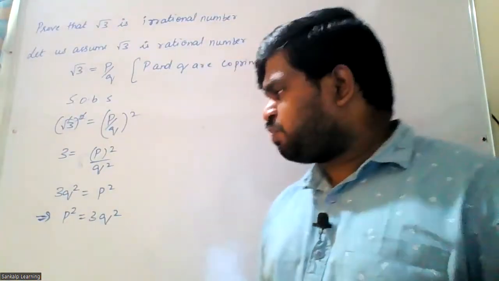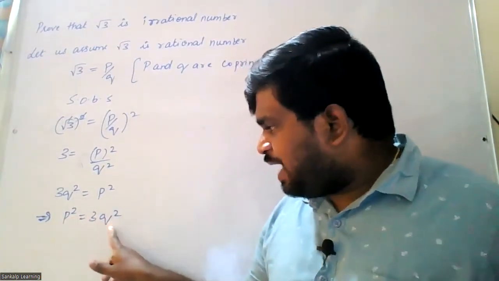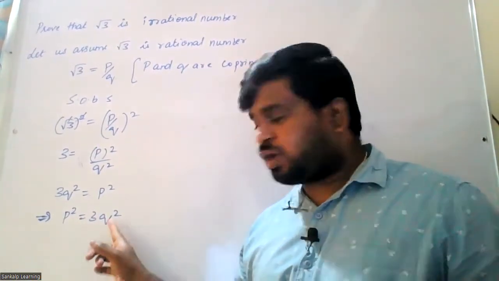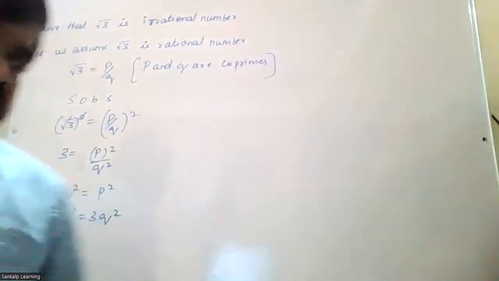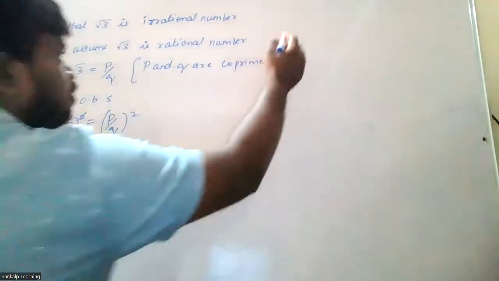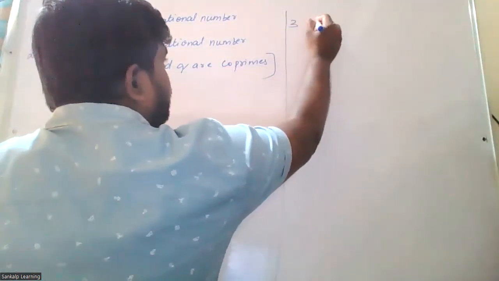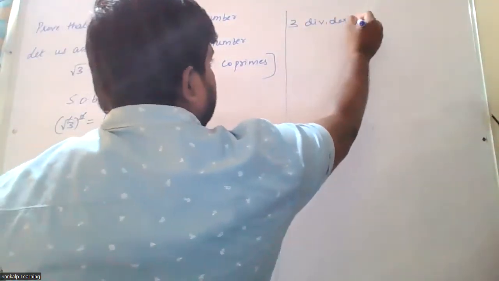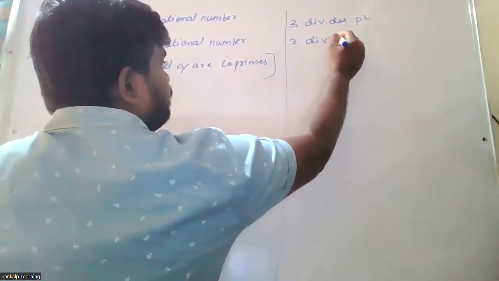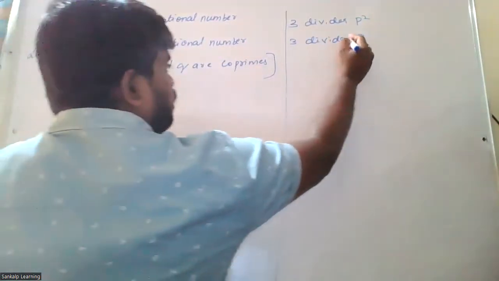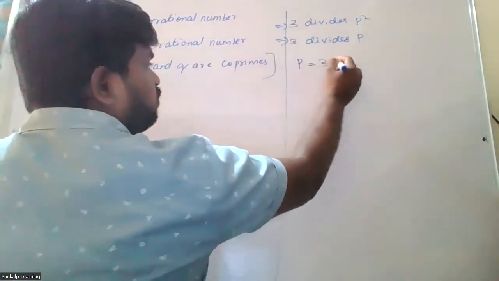P is some number, so p square will give you some number. This number is written as 3 into something, which means this p square is divisible by 3. Therefore 3 divides p square. If 3 divides p square, 3 will also divide p. 3 divides p. If 3 divides p, then p can be written as what? 3 into k.